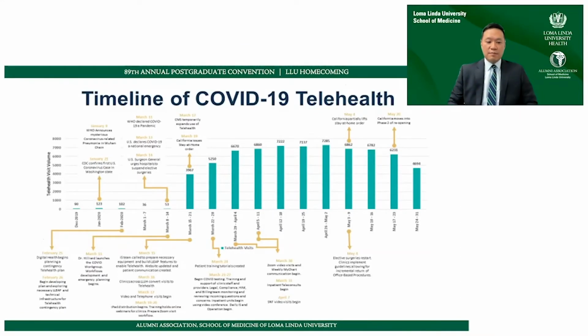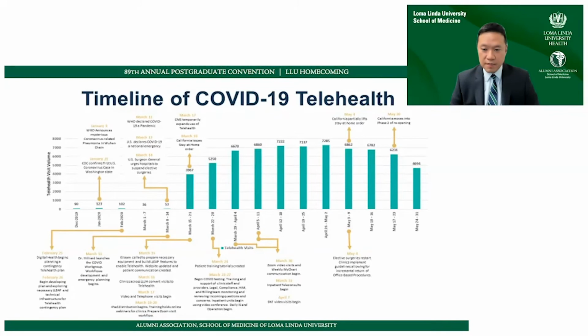So I've been mentioning the COVID-19 pandemic quite a bit. And so here at Loma Linda, here is a timeline of COVID-19 and telehealth. It was actually back in January when the WHO had announced this mysterious coronavirus-related pneumonia. And around that time, January 21st, we saw the first U.S. coronavirus case in Washington State.